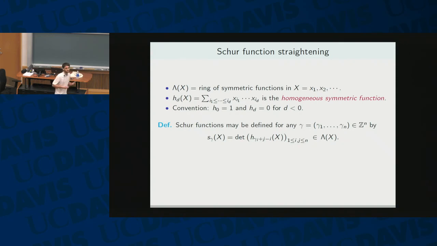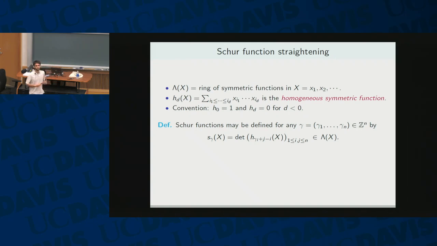All right, let's get into the definition of Catalan functions, and then we'll go from there to connections between these objects and various other classes of symmetric functions. Okay, we're going to work in the ring of symmetric functions in infinitely many variables, capital X equal to x1, x2, and so on. h_d is the d-th homogeneous symmetric function with the following conventions.